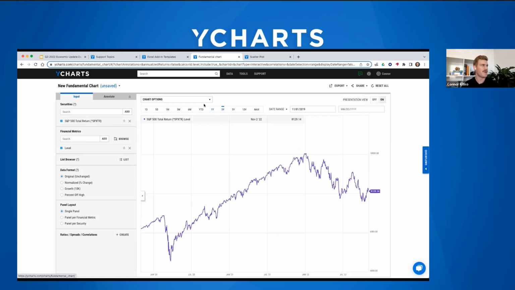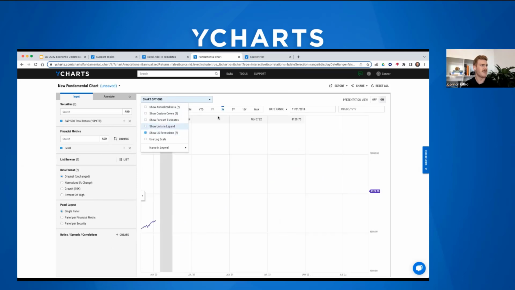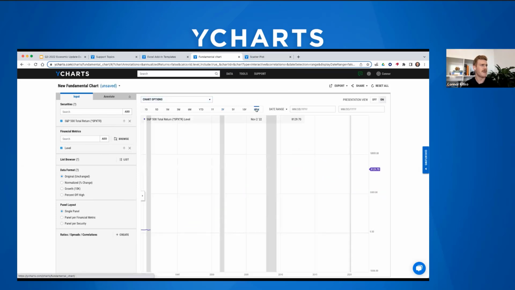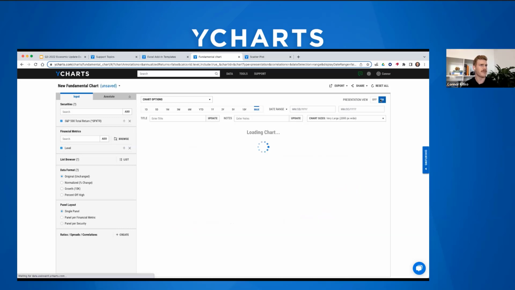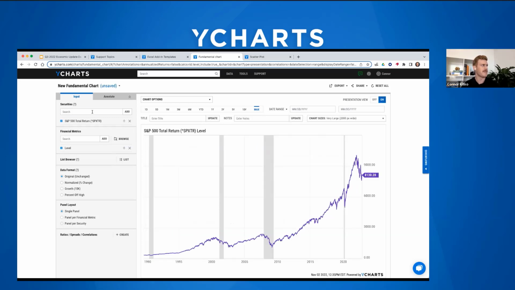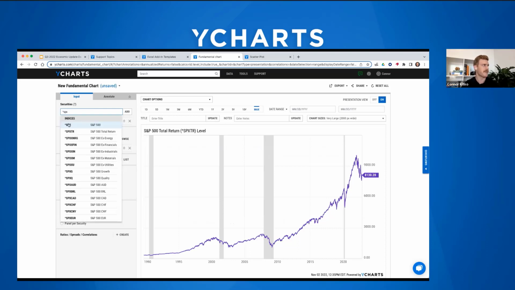Then we can add, under our chart options, show US recessions. If I take this over, this is going back to 1990. That's when our total return metric goes back to, but the S&P 500 itself would go back much further.